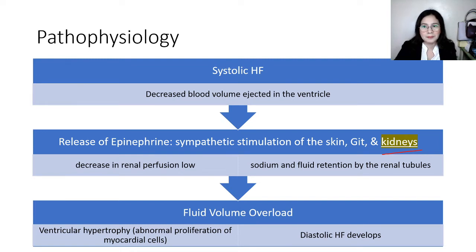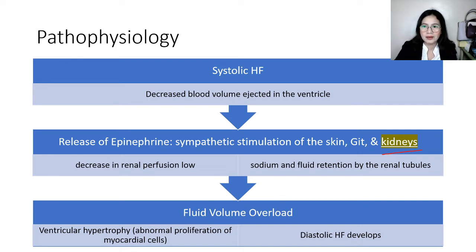If that happens, there will be a decrease in contractility, which will result in increased end diastolic blood volume in the ventricle. So, the myocardial muscle fibers will now increase in size, and you can observe the ventricular dilation. This will increase the stress on the ventricular wall.